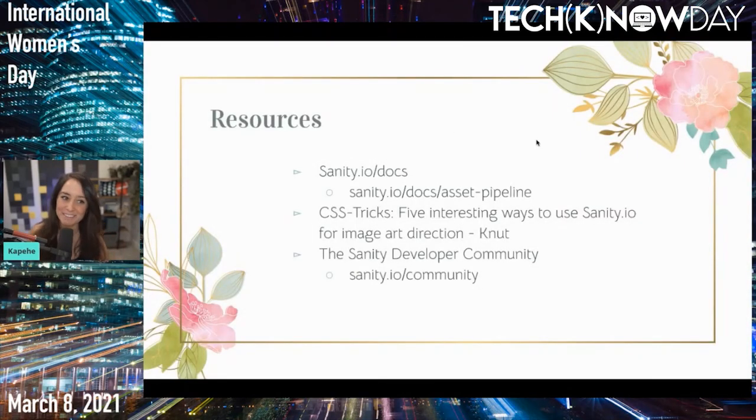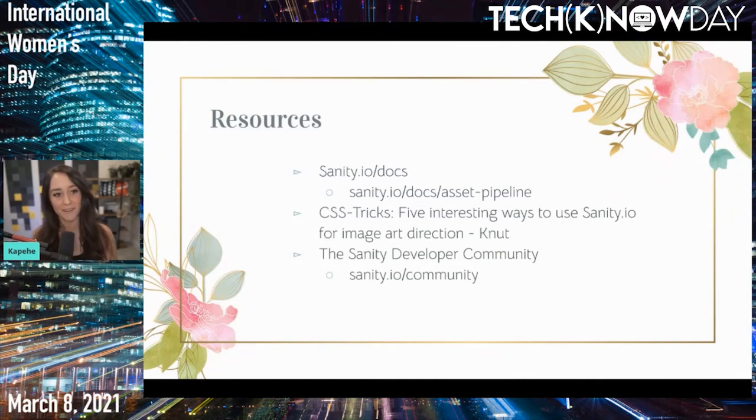Now, some resources for you moving forward. So the sanity.io docs, we have asset pipeline. That is all of our information about assets within Sanity. Now, if you go to CSS Tricks and look up 5 interesting ways to use sanity.io for image art direction, there's a really good article by Canute, and he goes over all of the stuff that I talked about and shows a live example of the geolocation.